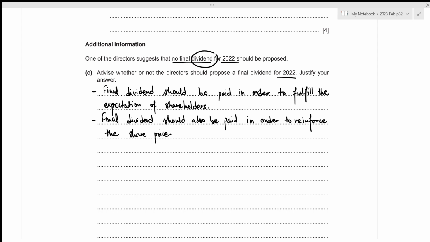Now we also know that XPLC only started its business in this current year, which means that rather than paying out dividend, it should gather the cash for more future development, right? Let's write it down. So business is still at an early age.